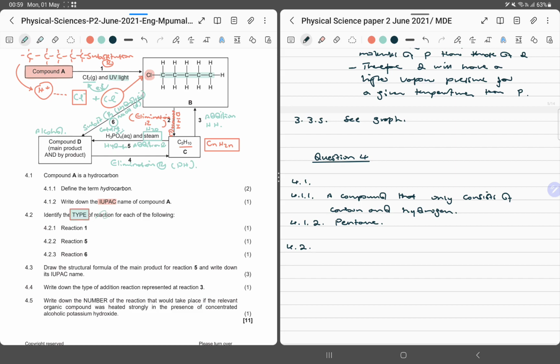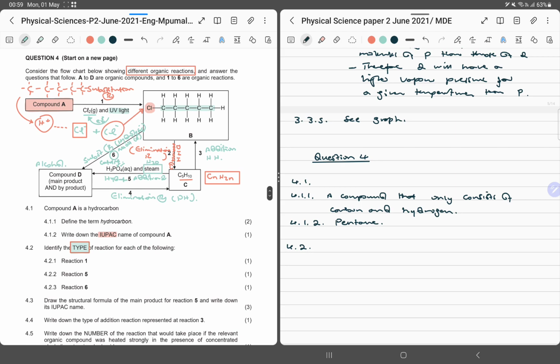Reaction 1, we can see that we did a substitution reaction because we took a saturated compound into a transformed form of a saturated compound. So we must have substituted something by another. So 4.2.1, we know that this is a substitution reaction.